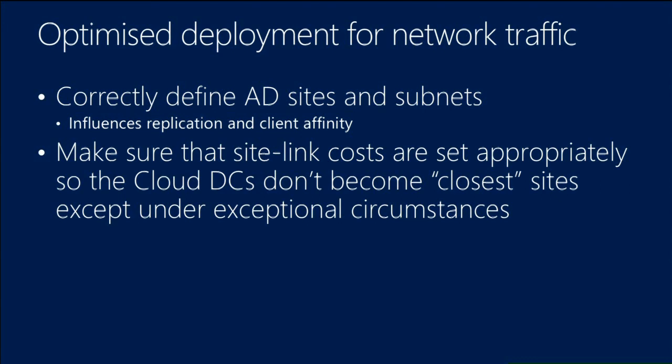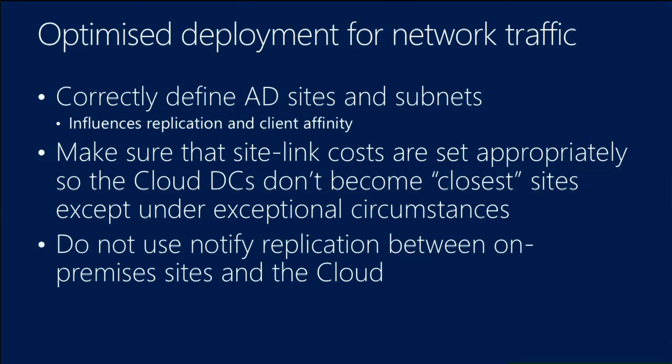Also, make sure that you set your site link costs appropriately. So what you don't want is cloud DCs suddenly becoming closest sites. If you have a problem with DCs on this site, which is in your corporate network, you don't suddenly want it thinking the closest site is up here. So you need to make sure that you set those link costs.